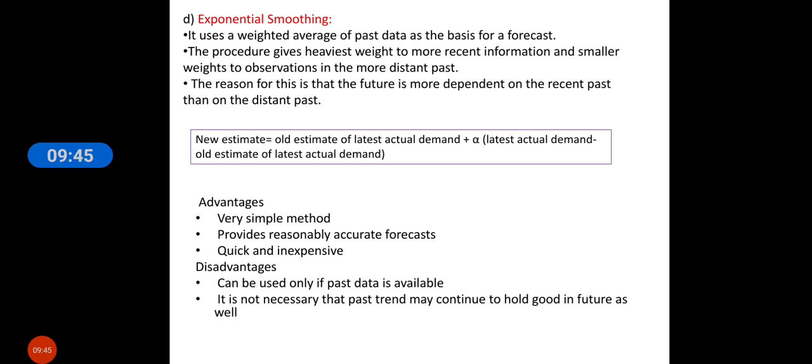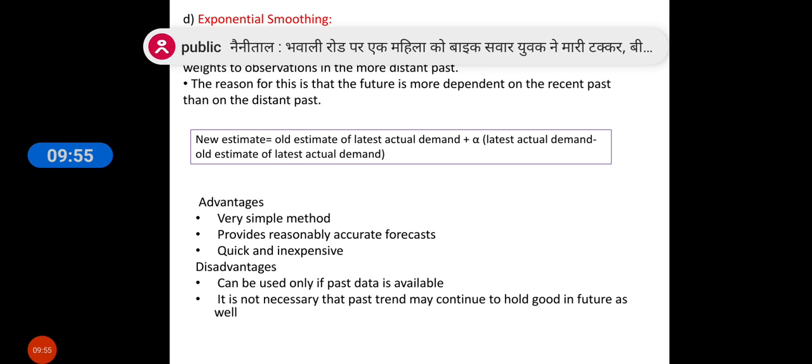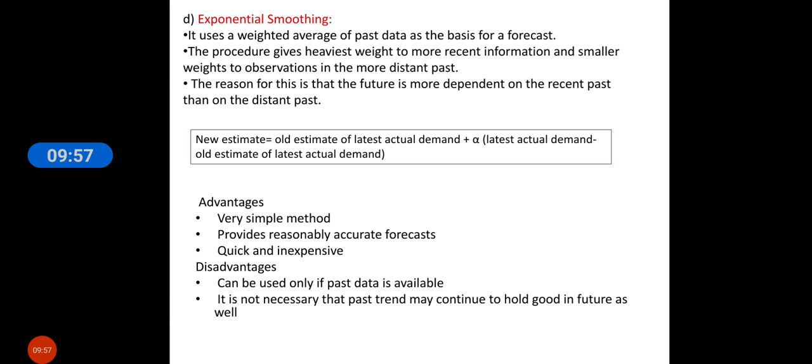This modification of the last year's forecast is the forecast for the next time period. In this method, the weight assigned to a previous period's demand decreases exponentially as the data gets older.